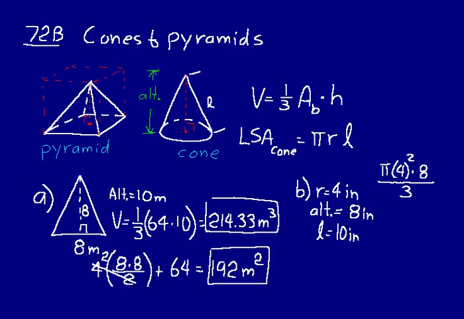So you can just go ahead and do that on your calculator. 3.14 times 16 times 8, and then divide that by 3. And you get 133.97. We can just round it to 2 decimal places. 133.97 inches cubed.